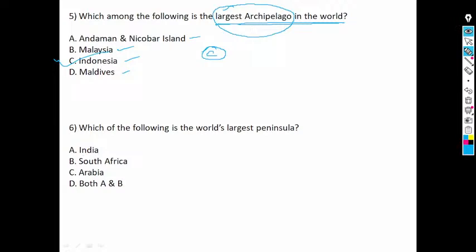We'll discuss this one. Which of the following is the world's largest peninsula?